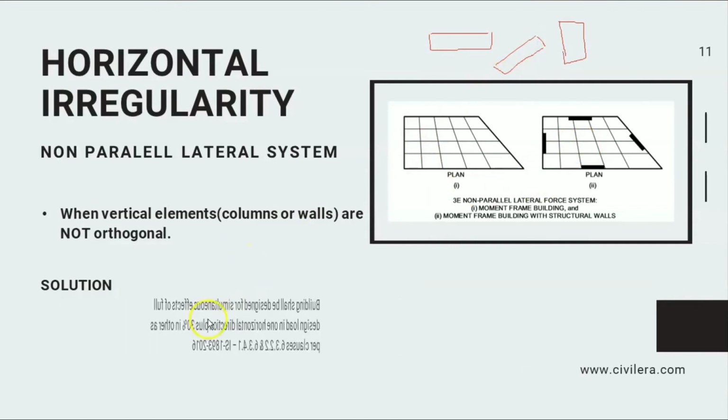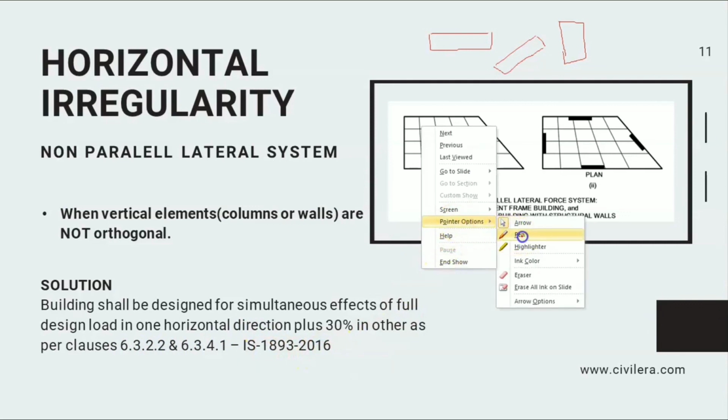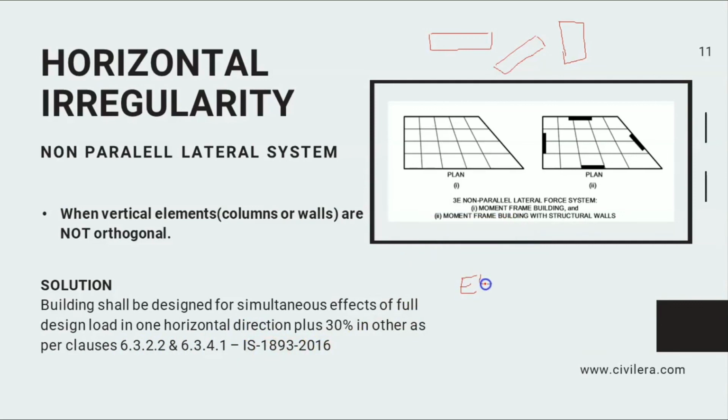The solution is that the building shall be designed for simultaneous effects of full load in one horizontal direction plus 30% in the other direction as per clauses 6.3.2.2 and 6.3.4.1 in IS 1893-2016. That means if you have EQX to be defined, EQX will be the real EQX plus or minus 30% of EQY.